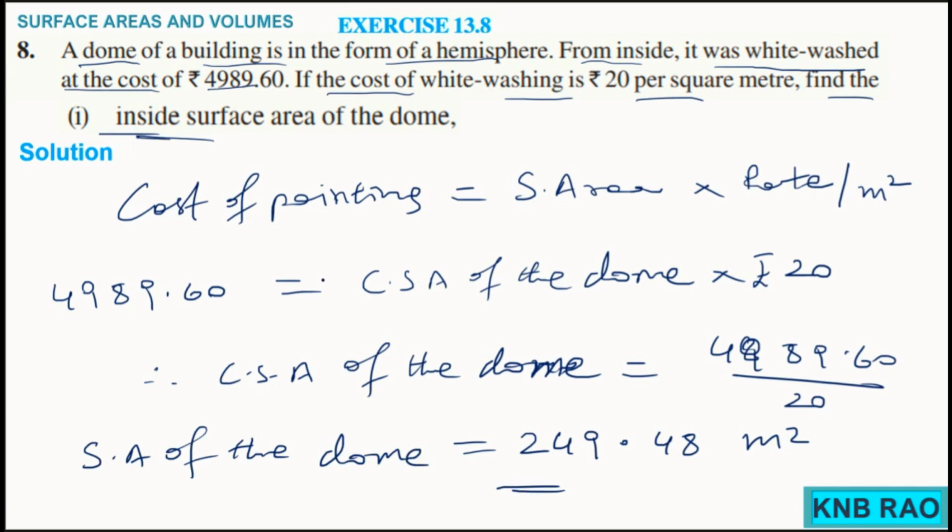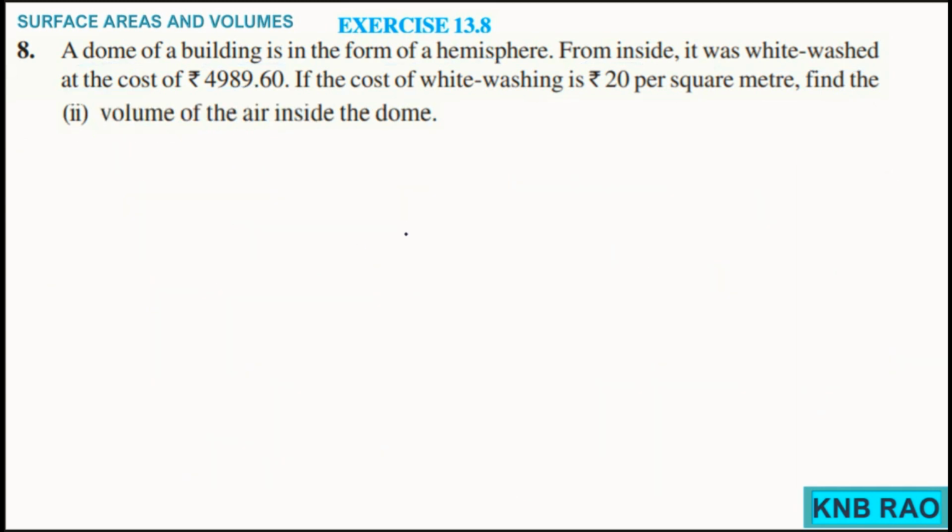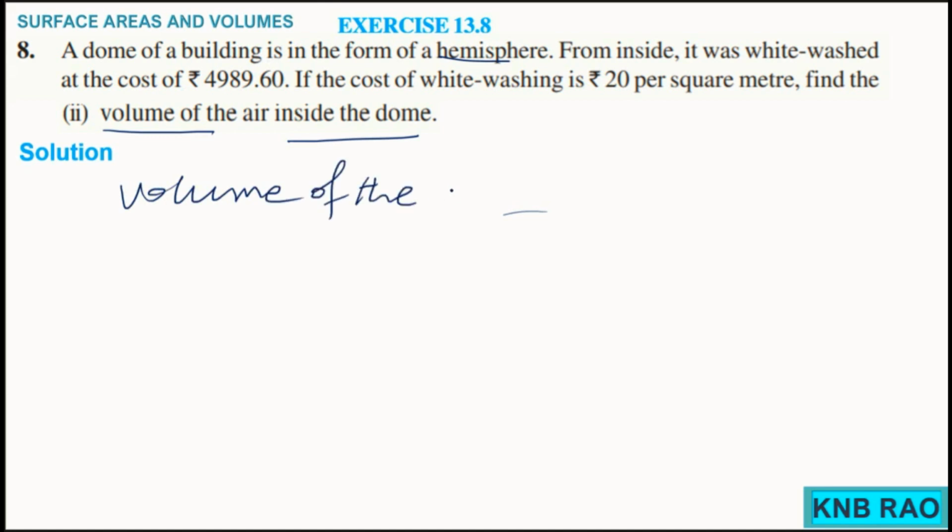Next, the second question. Here, find the volume of the air inside. See children, for the hemisphere, we have to find the volume. In the solution, very simple, the volume of the hemisphere is found with the formula 2 by 3 pi r cube. To find 2 by 3 pi r cube, I should know r.